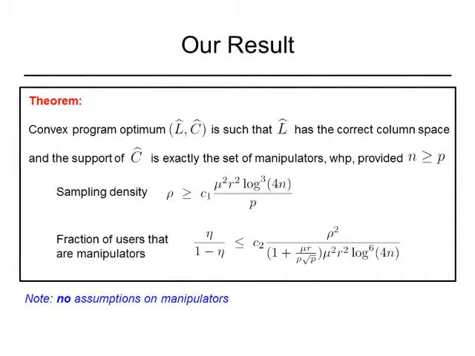And this is the main theorem that we get from this method. It basically says that if my sampling density, the fraction of entries that I see, is not too small, and if there are not too many malicious users, then this method works.